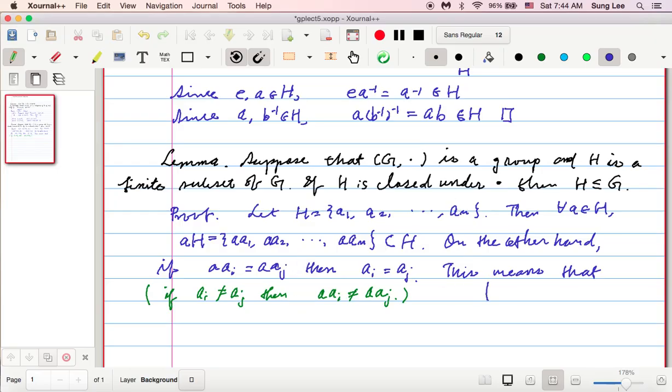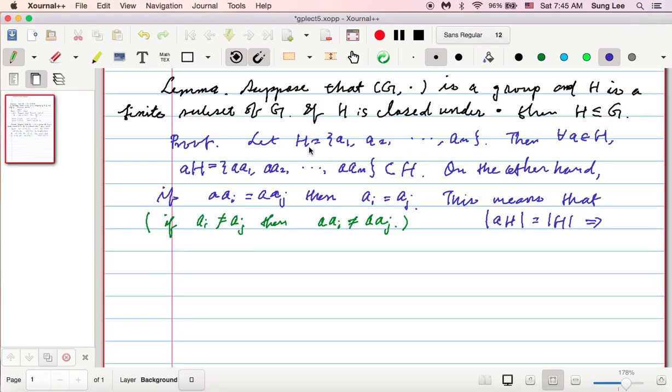So the order of AH equals the order of H. And this implies that AH has to be the same as H.